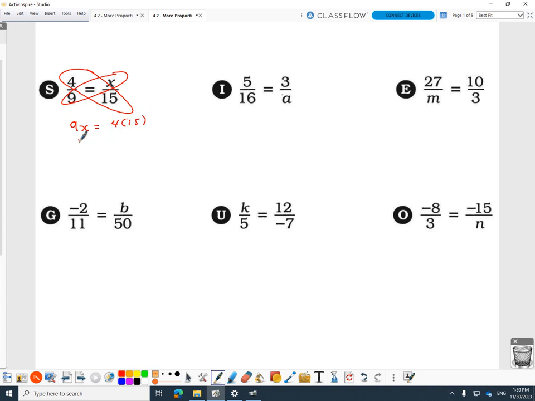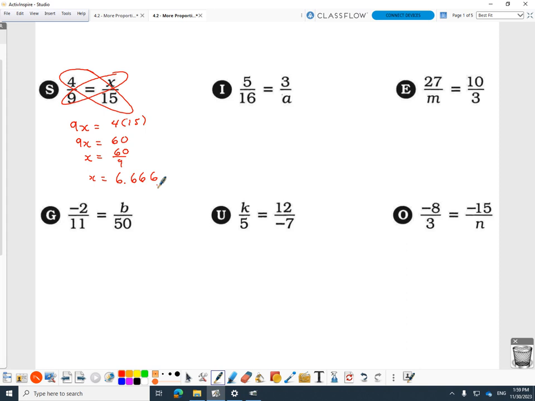And what's 4 times 15? 60. Opposite of multiplying by 9? Divide by 9. And when you hammer that in your calculator, 60 divided by 9. Ooh, 6.666. And you're like, oh, S is 6.666.